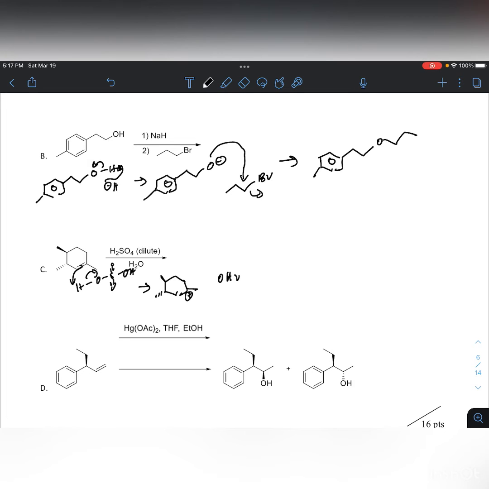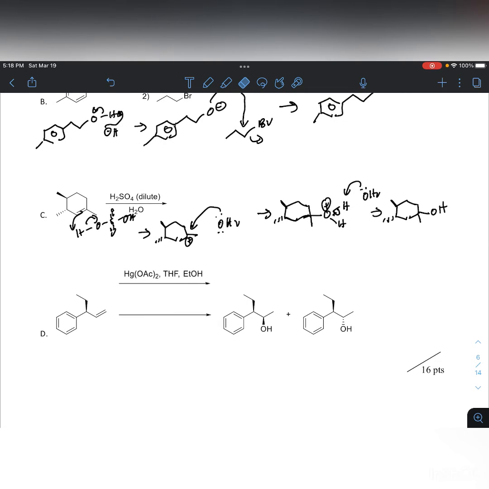And then this will just follow up with water addition. And then last bit, we're just going to deprotonate this proton. You can use water or the conjugate base of the sulfuric acid. It really doesn't matter. So that is C.